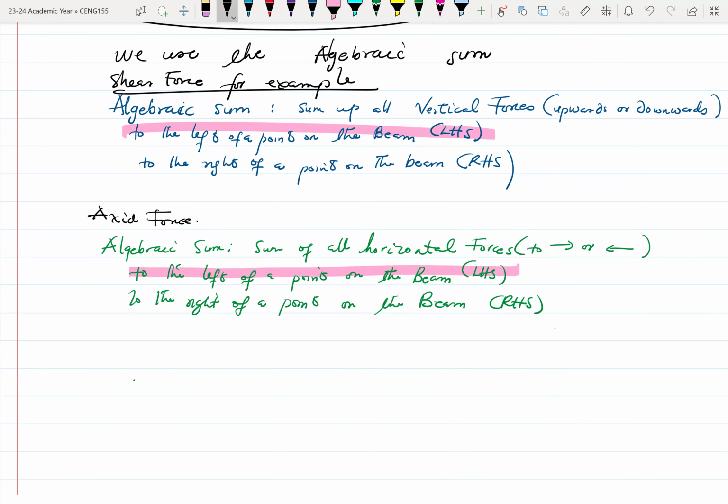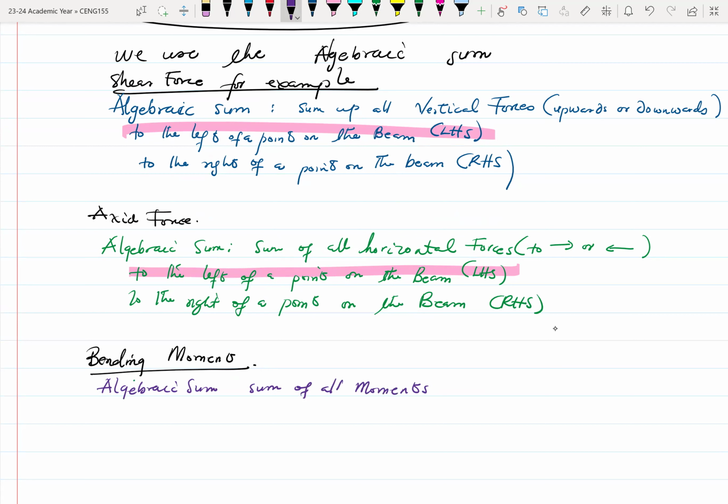So let me just put that also for the bending moment. So for the bending moment, the algebraic sum, the sum of all moments, either clockwise or, sorry, it's not even always and, clockwise and counterclockwise.